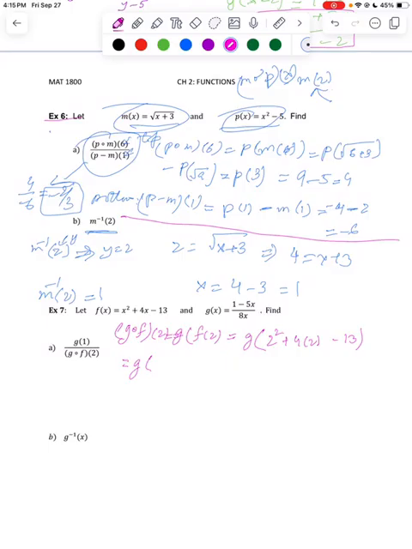So I get negative 1. So g of negative 1, now I plug the negative 1 in the g function. So I get 1 plus 5 over negative 8. So I'm getting negative 6 over 8, which is negative 3 over 4.